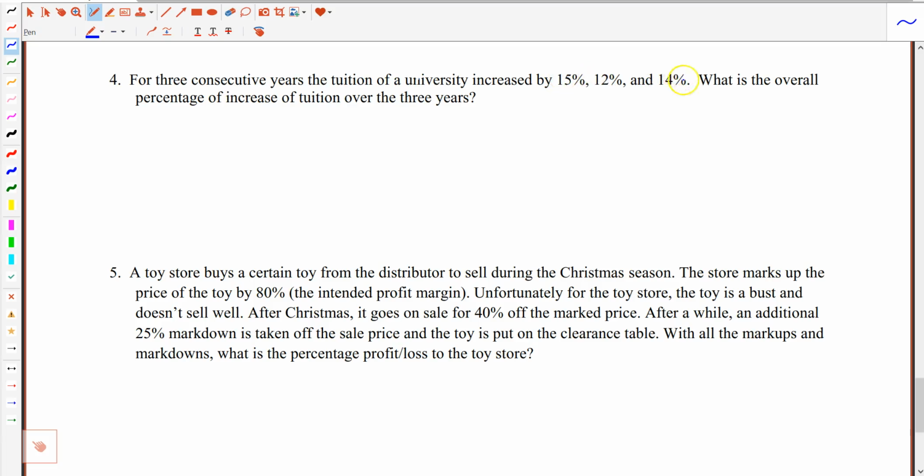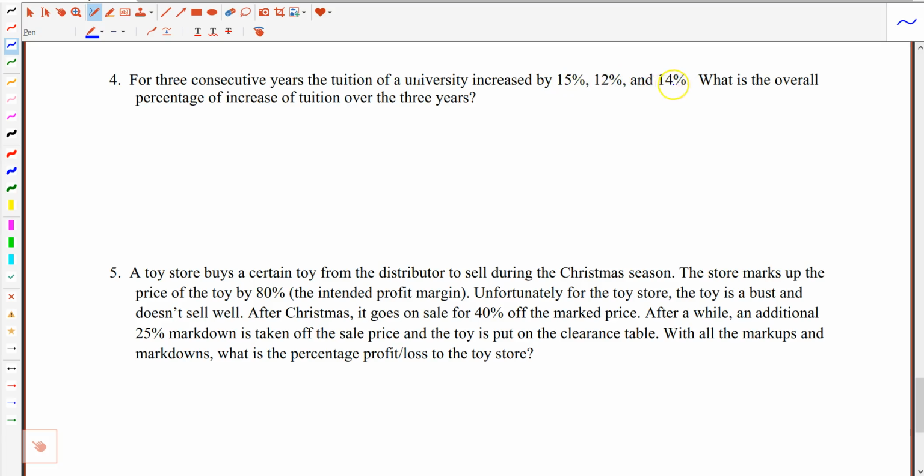When this 14% increase happens, it's going to be on whatever amount we would get after we applied the 12% increase and the 15% increase. The base changes halfway through the problem. Actually, the base changes every time we go to figure out one of these new percents.